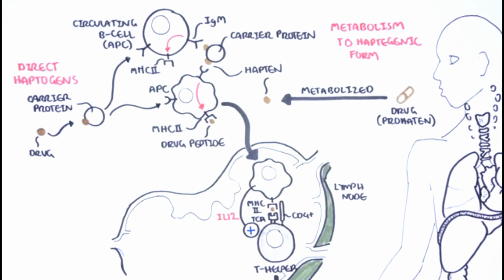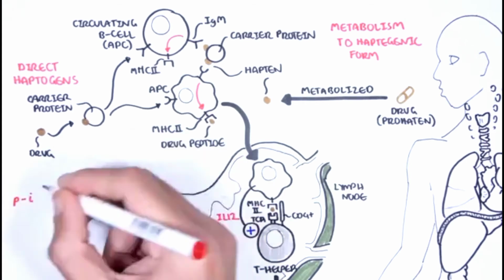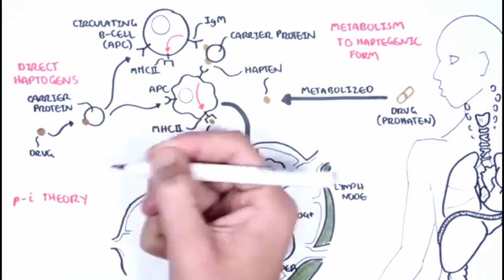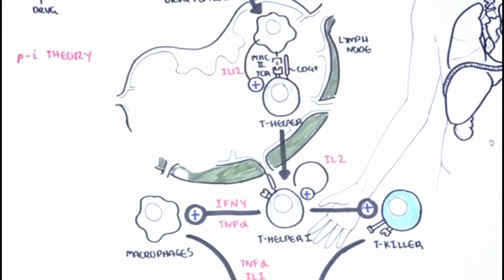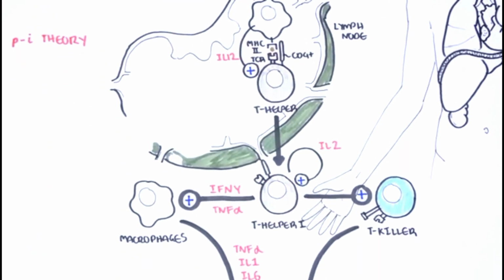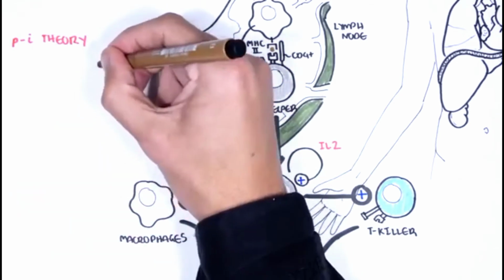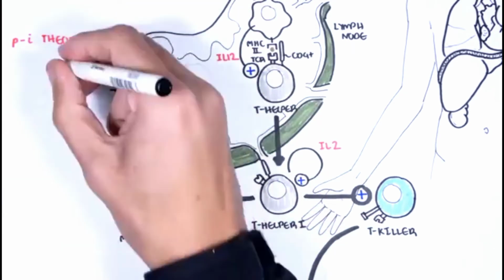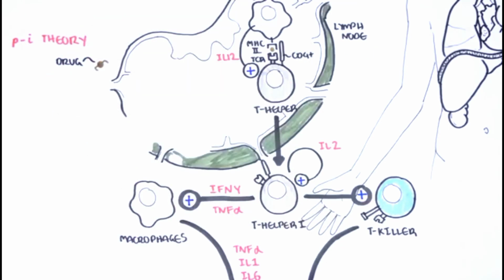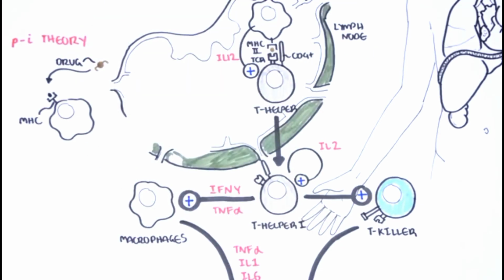The final theory is the PI theory, standing for the pharmacological interaction with immune receptors theory. The PI concept postulates that some drugs that lack hapten characteristics can bind directly and reversibly to immune receptors and thereby stimulate the cells.